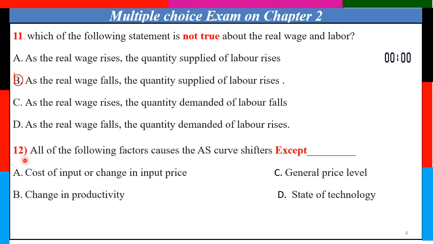Question number 12. All of the following factors cause the aggregate supply curve to shift except dash. A. Cost of input or change in input price. B. Change in productivity. C. General price level. D. State of technology.